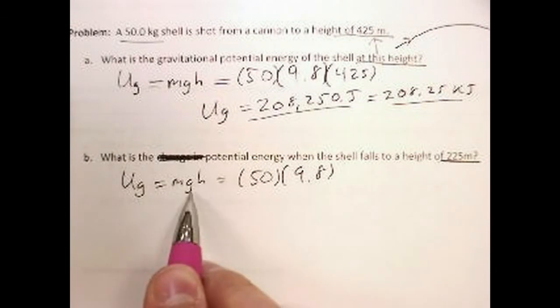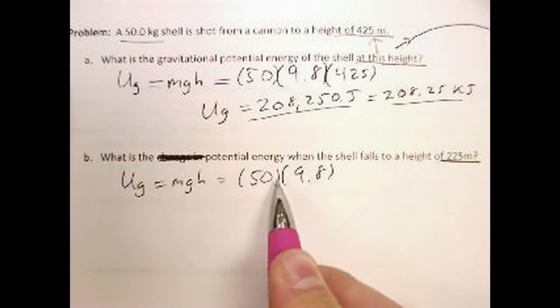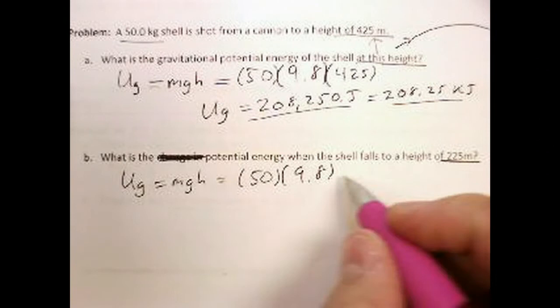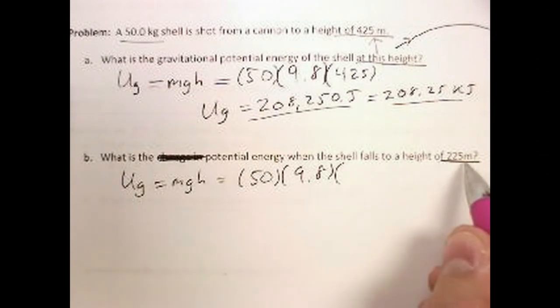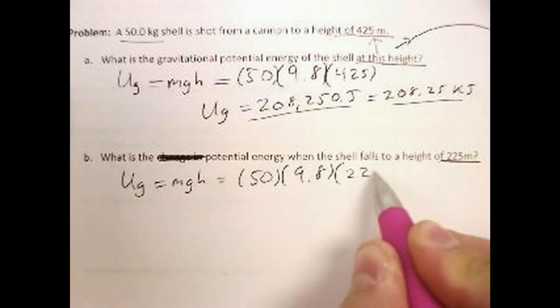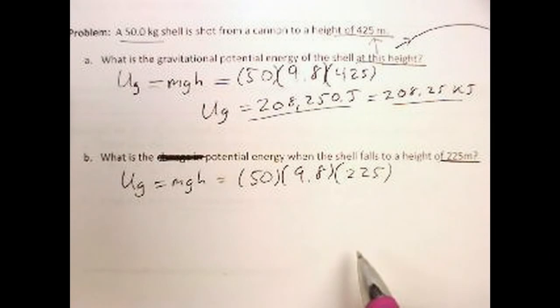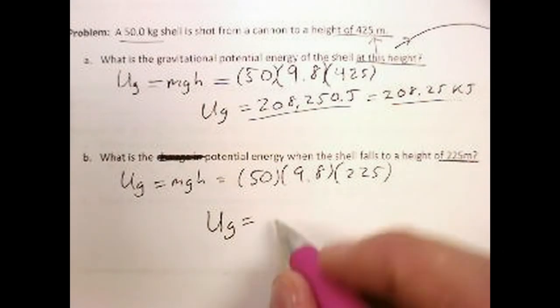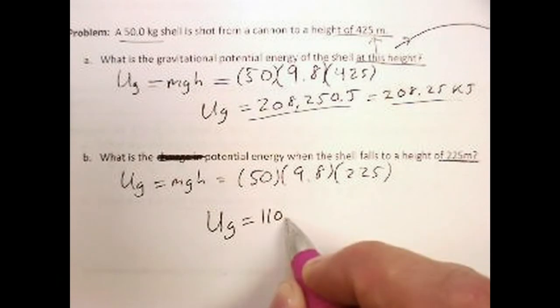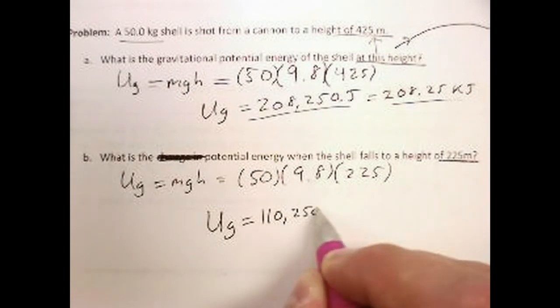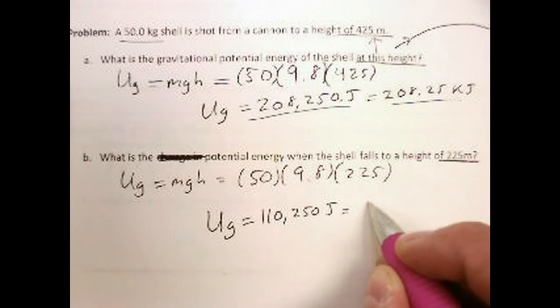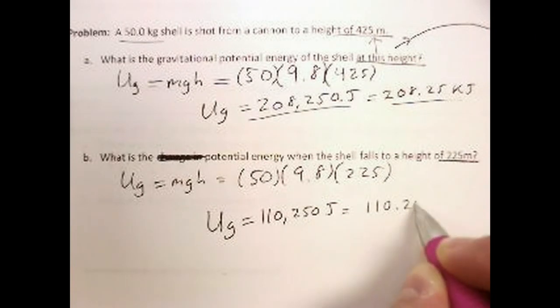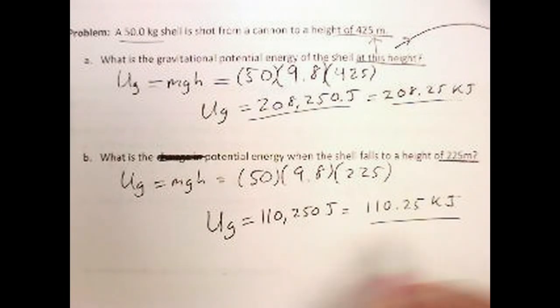So mg, here's the mass, here's the gravity. Those don't change, but what did change is the height, now 225 meters. 50 times 9.8 times 225, you come out with a potential energy of 110,250 joules, which is also 110.25 kilojoules.